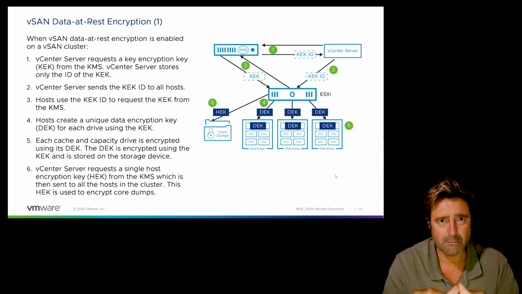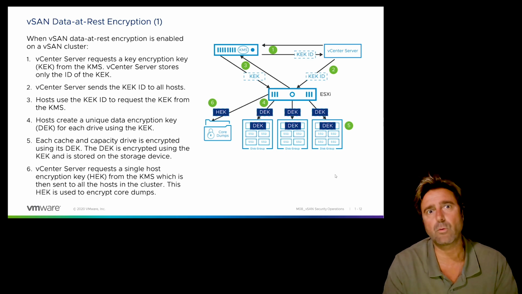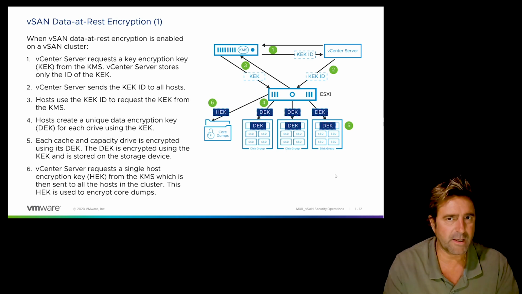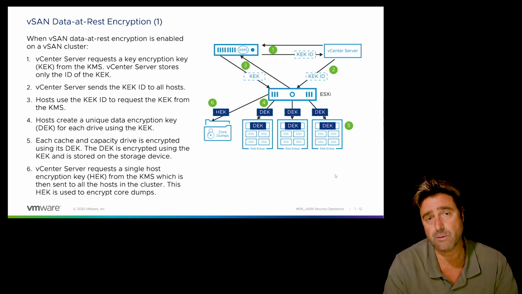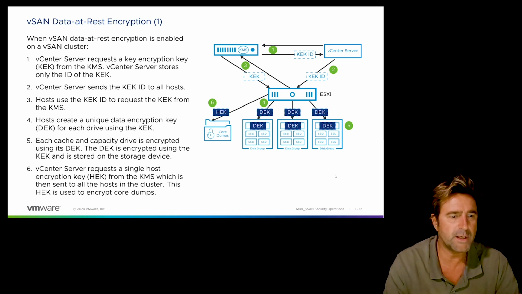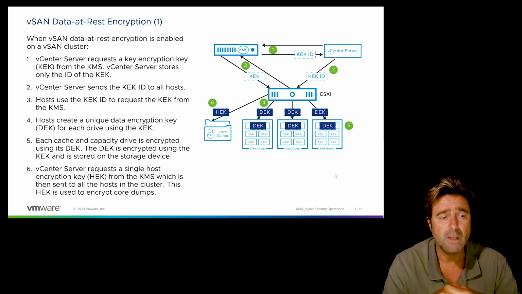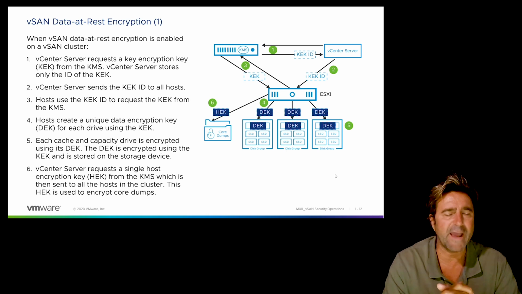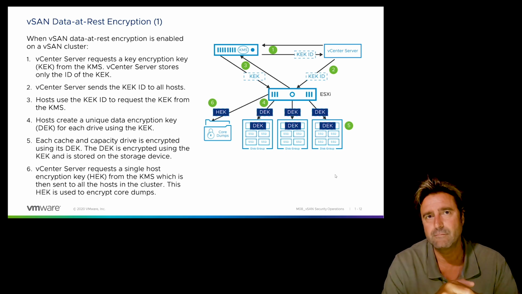The reason the hosts have to communicate directly with the KMS server is because if something's wrong with the vCenter, and the vCenter happens to be in the vSAN datastore, the hosts need to be able to communicate without a middleman. Notice, in turn, the host will create a DEK for each drive that they have.